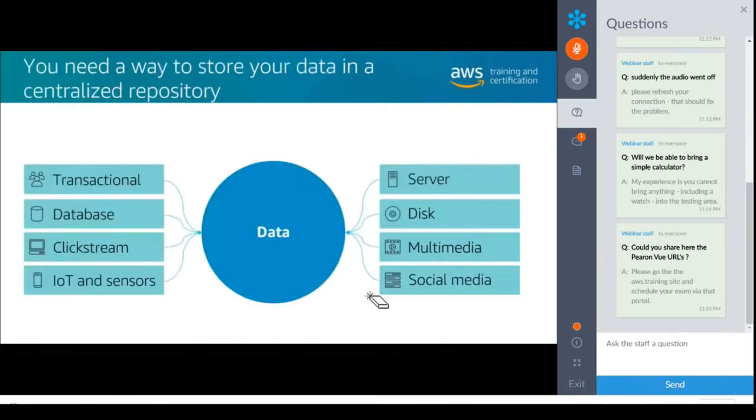So to actually get that data in, you might be reading data from all kinds of sources, right? There are lots of different sources for this data. But we need to transform it, clean it up, and store it into some kind of repository, right? And the repository may need to accommodate all different varieties of data.